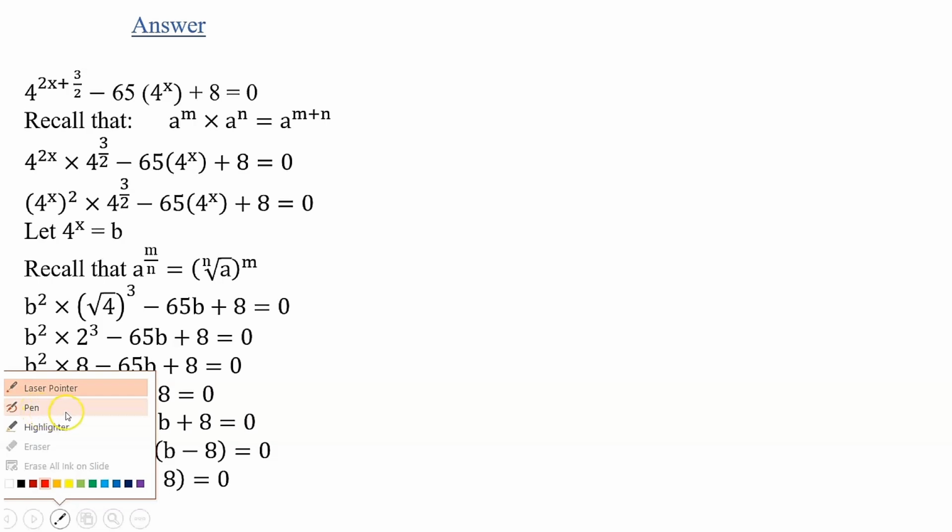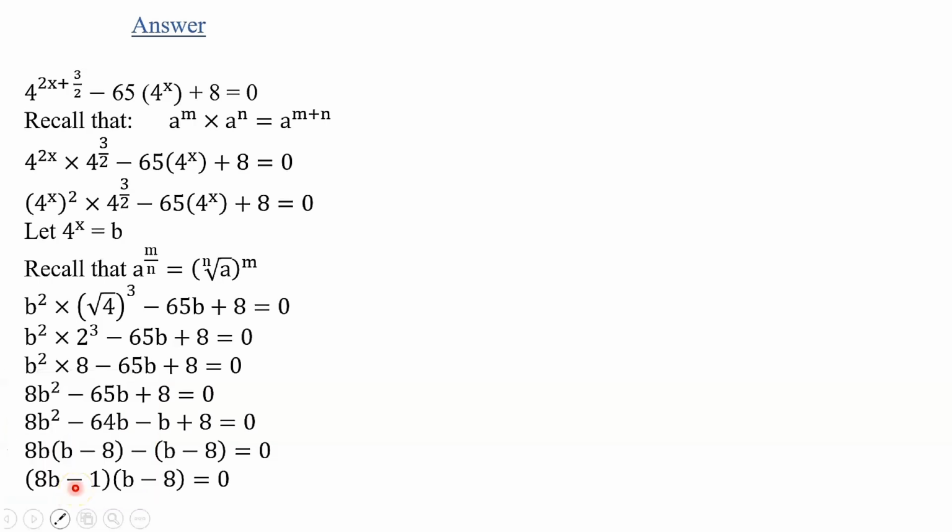So in a quadratic equation, you are expected to find two numbers, and when you add the numbers, you have the value to be 65b, and then when you multiply the numbers, you have their value to be 64b squared. The reason why you are having 64b squared is that 8b squared times 8 gives you 64b squared.